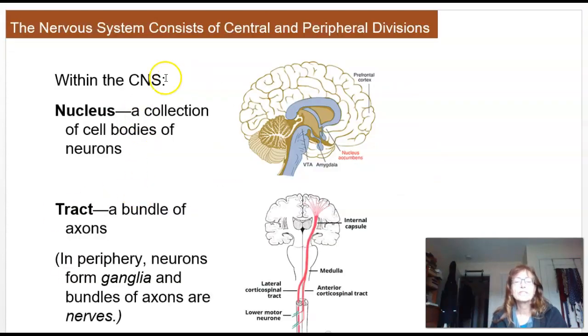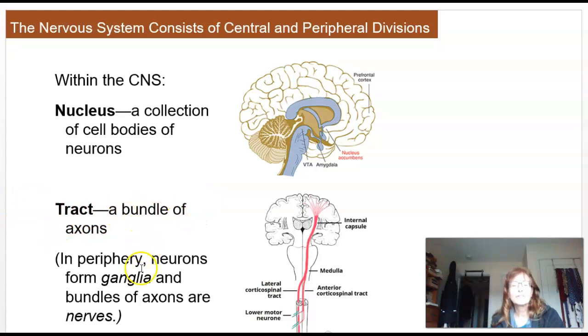Within the central nervous system, these are just terms that we use. So if we say a nucleus, we're really referring to these collections of cell bodies that we've been talking about, particularly with certain neurotransmitters that are found in particular regions within the central nervous system. When we use the term tract, T-R-A-C-T, that's just a bundle of axons that are moving somewhere.